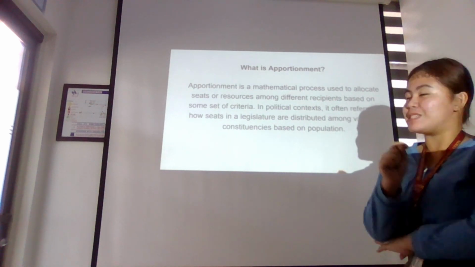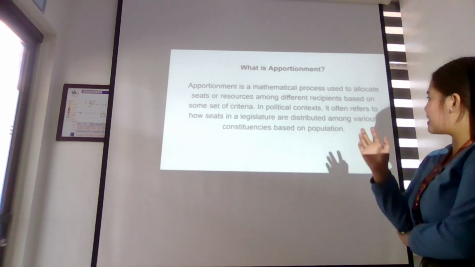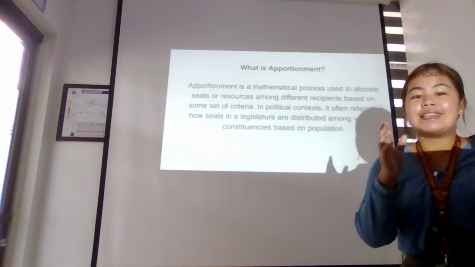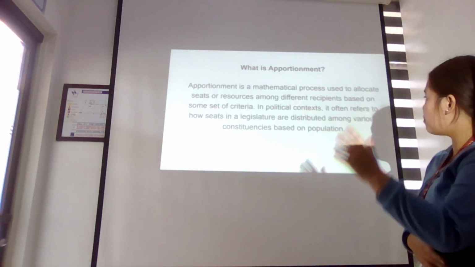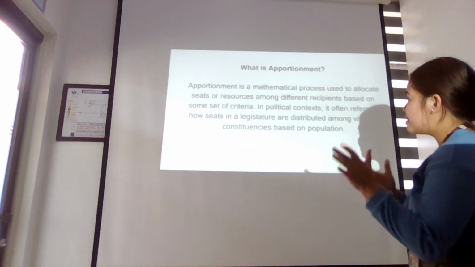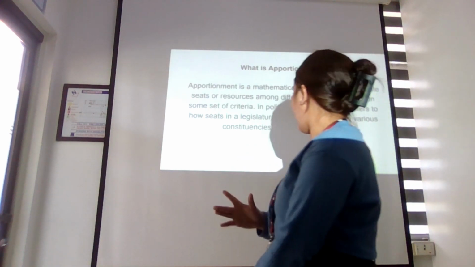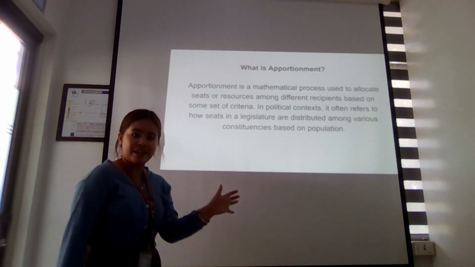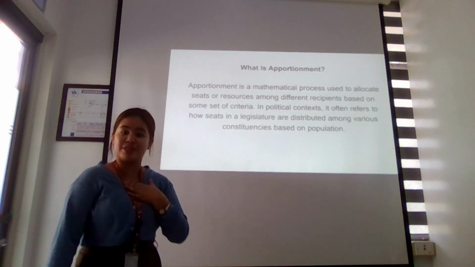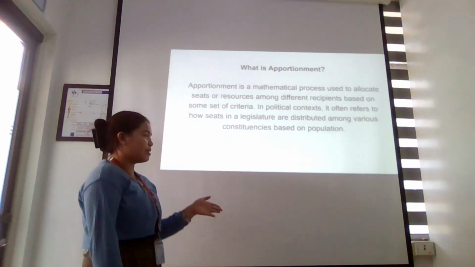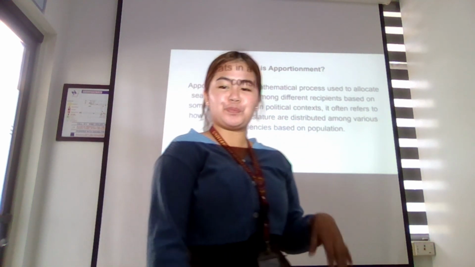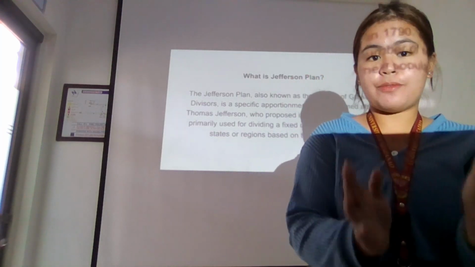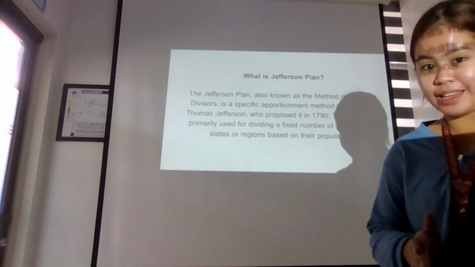Apportionment is a mathematical process used to allocate seats or resources among different recipients based on some set of criteria. In a political context, it often refers to how seats in a legislature are distributed among various constituencies based on their population.